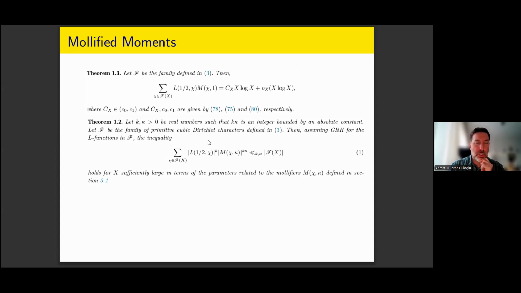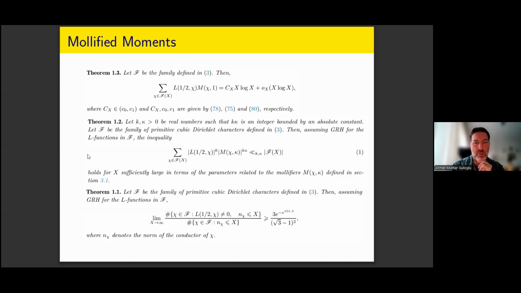This is for any k larger than 0, a real number, sorry, not integers. To get this, the proportion, as I said, is terribly small, but it's a positive proportion anyway. This second one requires GRH. The first one we were able to get without any GRH, so this is an unconditional result.